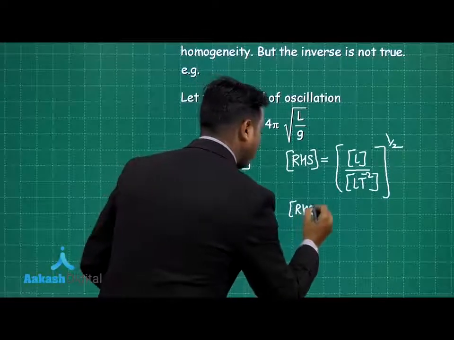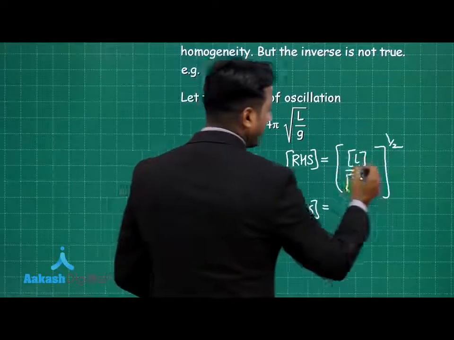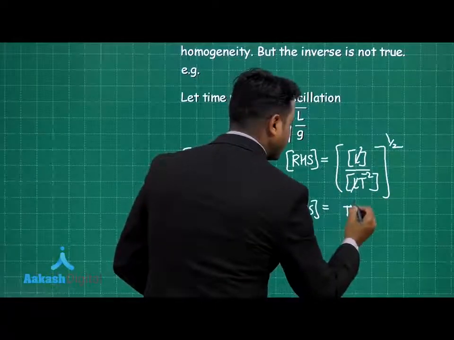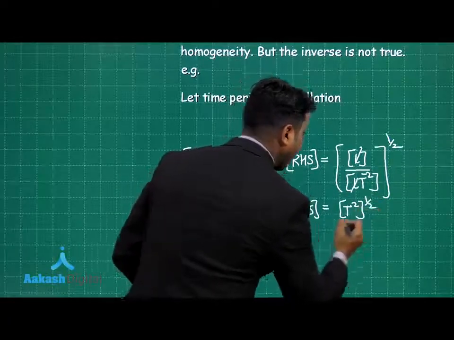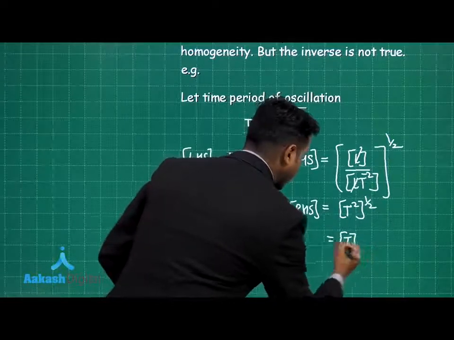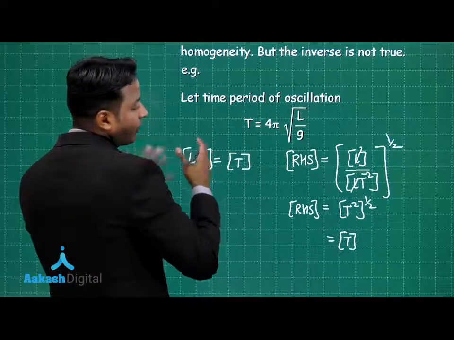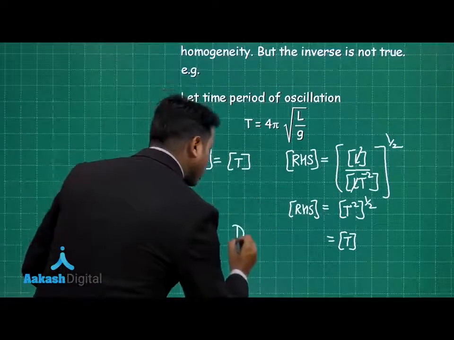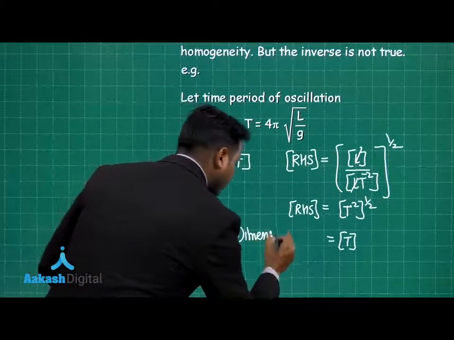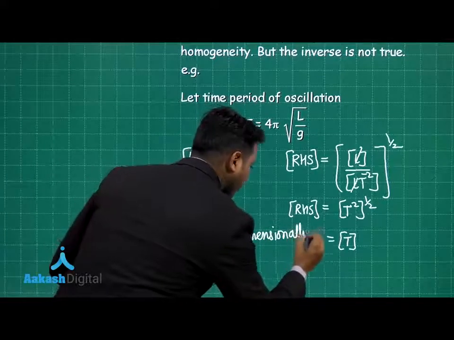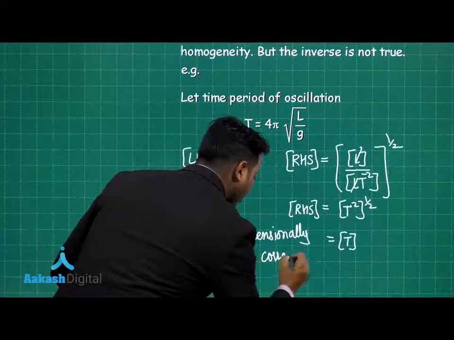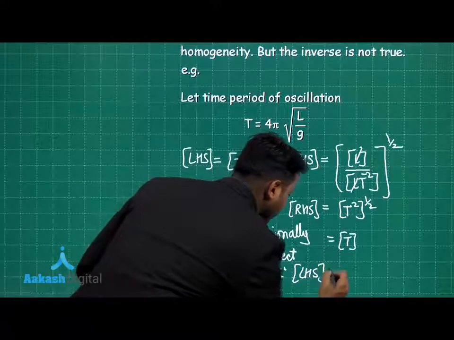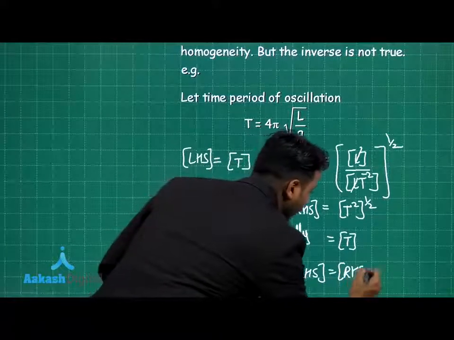The dimension of RHS will come out to be, L and L will cancel, this would be T square to the power half, and this would be the dimension of time. So simply the dimension of left hand side and the dimension of right hand side are equal. So this equation is dimensionally correct, because the LHS dimension is equal to the dimension of RHS.